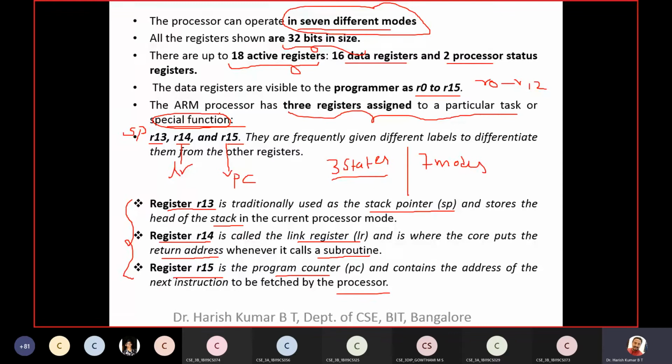Now I need to use one more, two more, or three more registers. Then you have to take the backup of R13, R14, R15, use them, and after using them, put back the original content which was there in these registers before. Hope people understood what I mean to say.